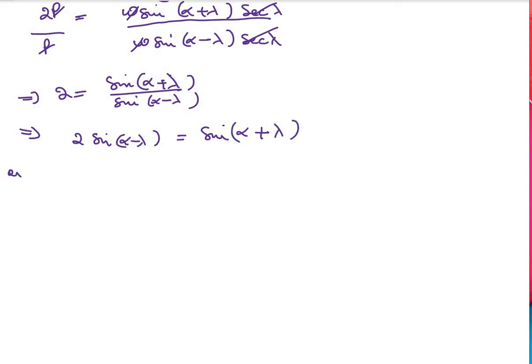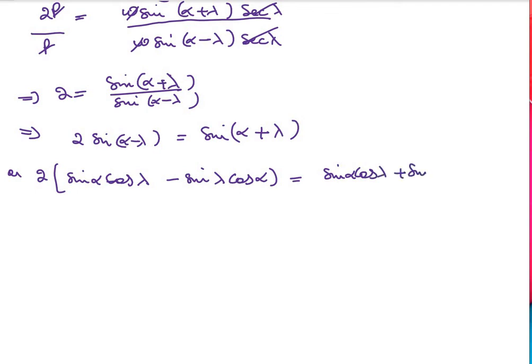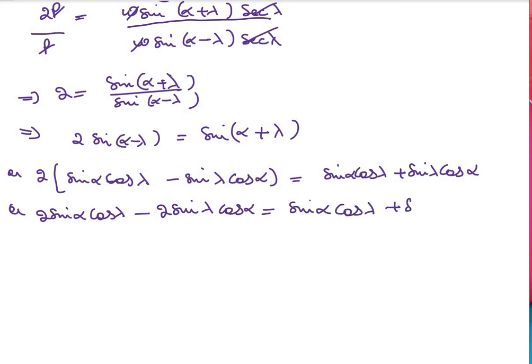Or you can write here: 2 into sin alpha cos lambda minus sin lambda cos alpha is equal to sin alpha cos lambda plus sin lambda cos alpha. Or you can write twice sin alpha cos lambda minus twice sin lambda cos alpha is equal to sin alpha cos lambda plus sin lambda cos alpha.